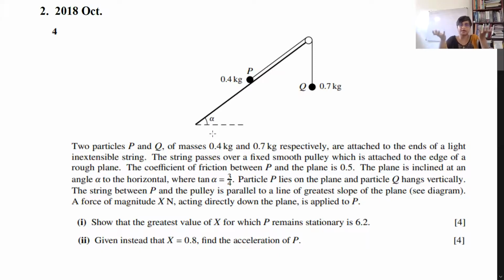What would happen to the two particles? Hurry up. Look at their masses. You should be able to tell me.